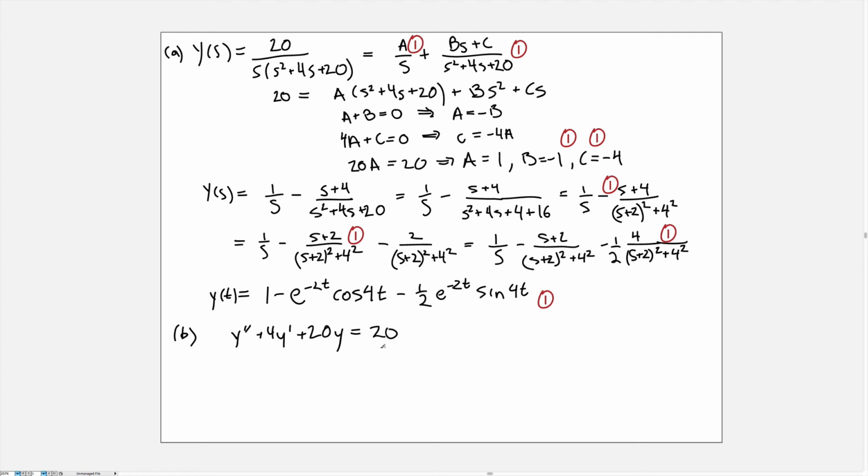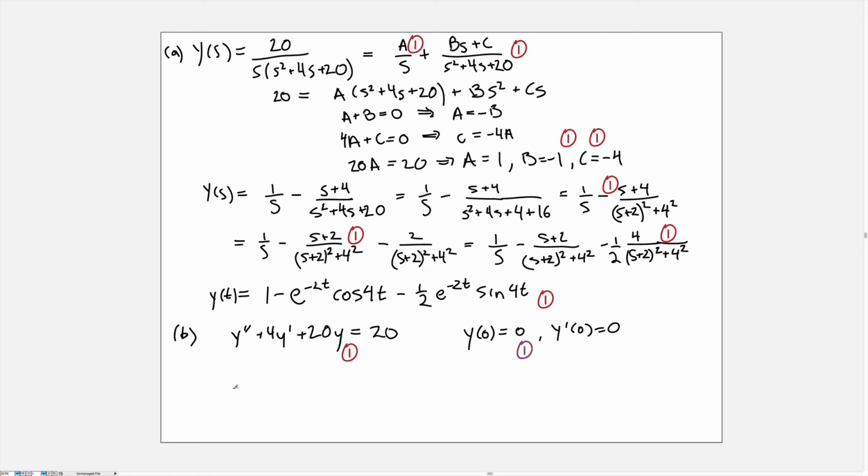When you take the transform of 20, you get 20 over s and then divide through by the transform of all this business. In that case, you would want to have y of 0 equals 0 and y prime of 0 equals 0 as well. So that's one possibility, and in this case you would get 1 point for the correct or a correct equation and another point for the correct initial conditions.